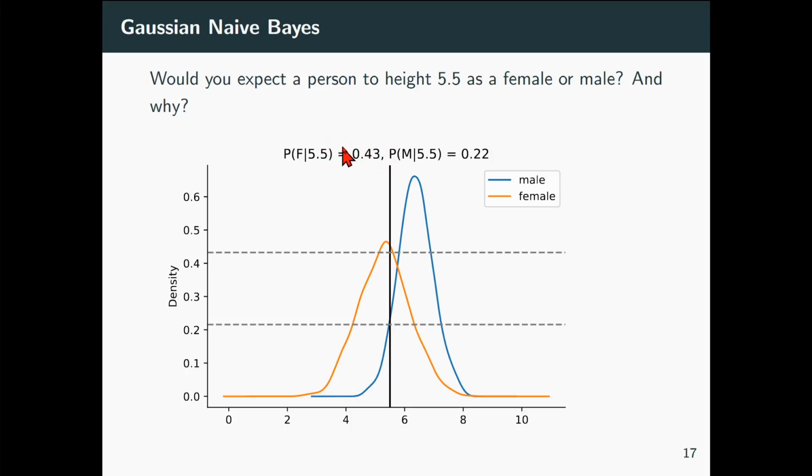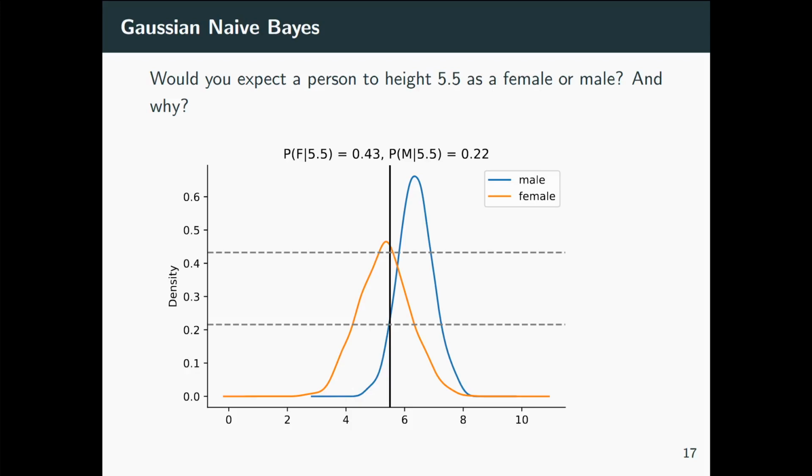Thus you would classify a person of height 5.5 to be female according to this trivial example that we have taken. And you can very easily see that. We have drawn a line at x equal to 5.5 and see where it cuts these two density plots. It cuts the density plot for male at around 0.22, which is the same number as here, and for the female at 0.43. Naturally there is more probability of this example belonging to the female class.